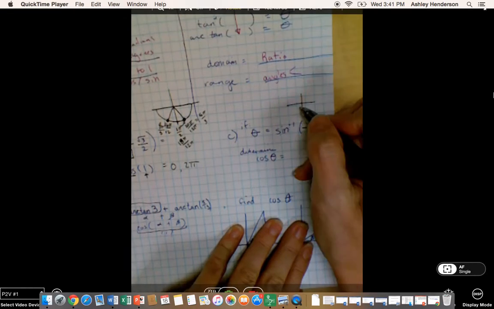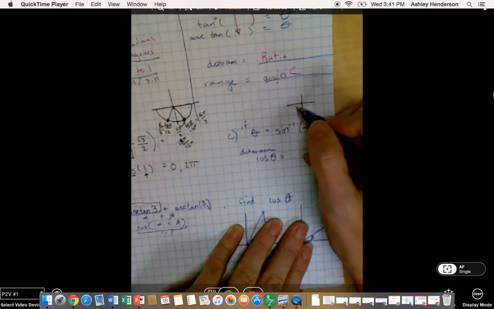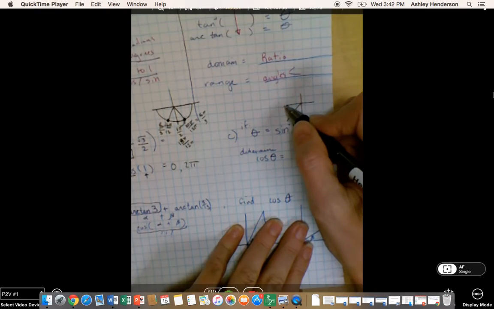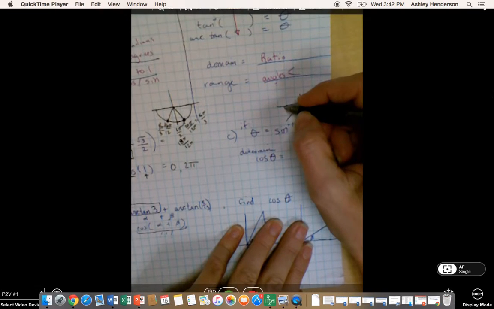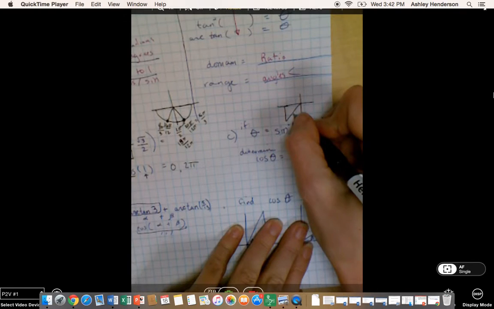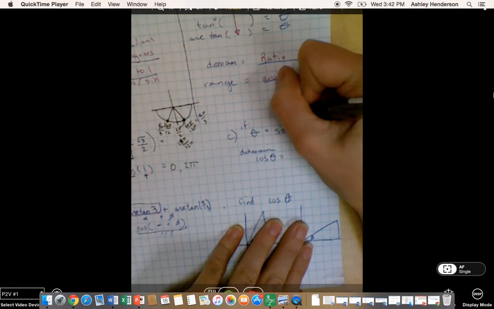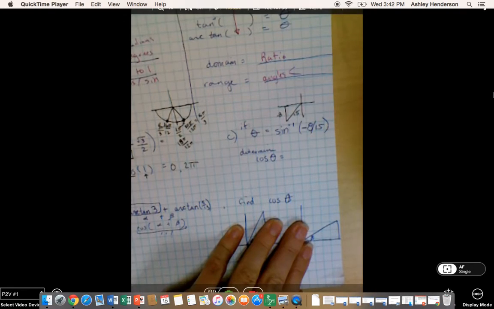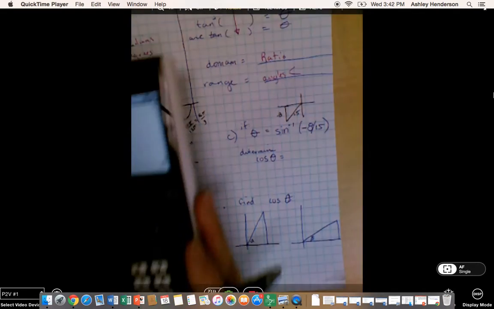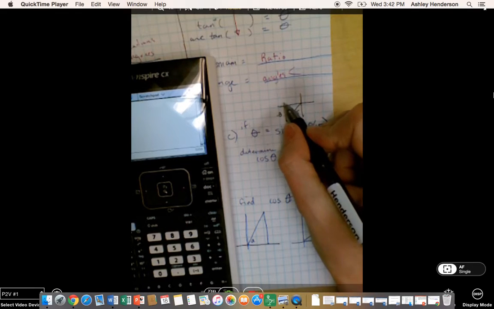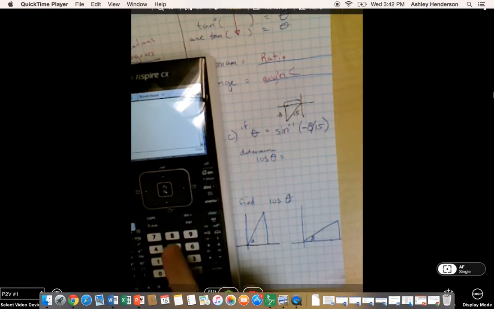So let's say here, I'm going to draw it this way. We've got 15 and -8. And then I'm going to use somebody else's calculator to calculate the value of this.